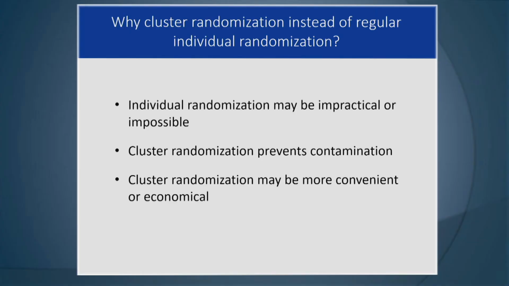So the physician is basically saying, oh, this patient is part of treatment A, so I'm going to treat that person as A, and this patient is treatment B, and therefore there could be some, we call it bleeding of the treatments from A to B and from B to A, or contamination. And cluster randomization prevents that because it's randomizing the whole cluster. And it may be just convenient or cheaper to cluster randomize.